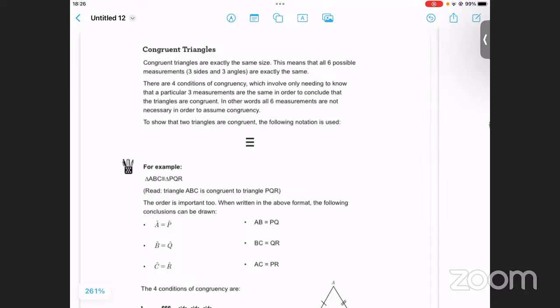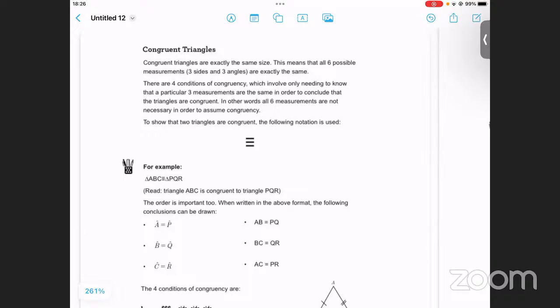Let's say you have triangle 1 and triangle 2. There is no need for you to know all the sides of the other triangle so that you can compare with this one. And again, you need both the angles and the sides.